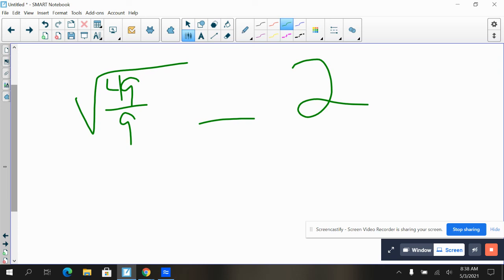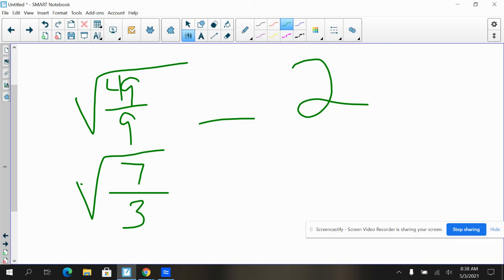Well, what's the square root of 49? What's the square root of 9? 3. So that's where you got to leave it. There's nothing you can do there, right? That's going to be a decimal number.